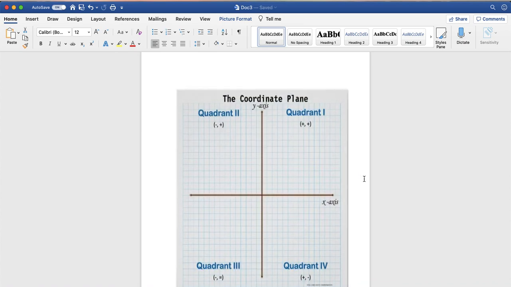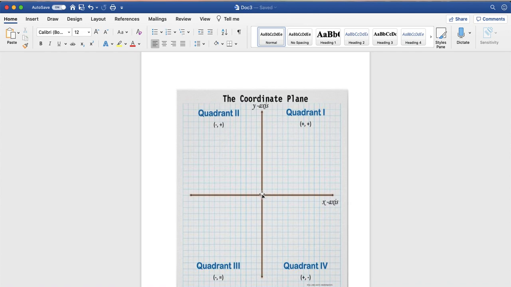Right here, where my mouse cursor is, in the middle, that's where they cross over at this point, and that point is called the origin. All you need to know is the origin. That's where the y-axis and the x-axis meet together. They meet at this one point, and that one point is called the origin.